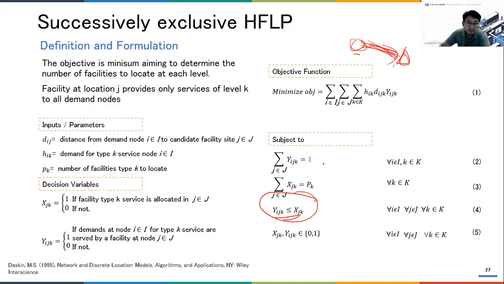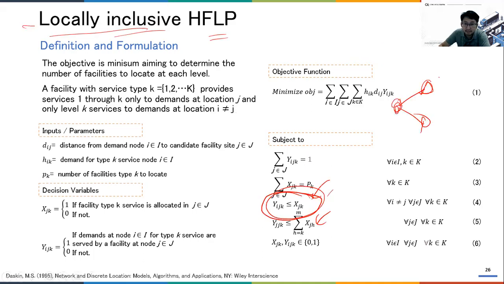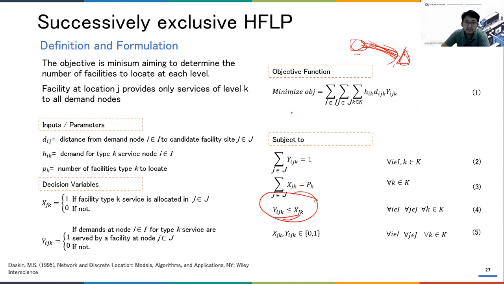So if you reduce this constraint number 5, it means that only one particular facility will serve the particular service K, right? So this value will be served by another facility, XJK.